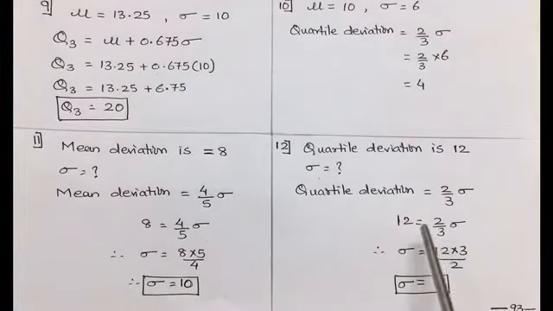Taking up the cross multiplication, sigma is equal to 12 into 3 divided by 2. Calculating this, we get the value of sigma as 18. So this is how the properties and the formulas are used to calculate short examples of chapter 3.